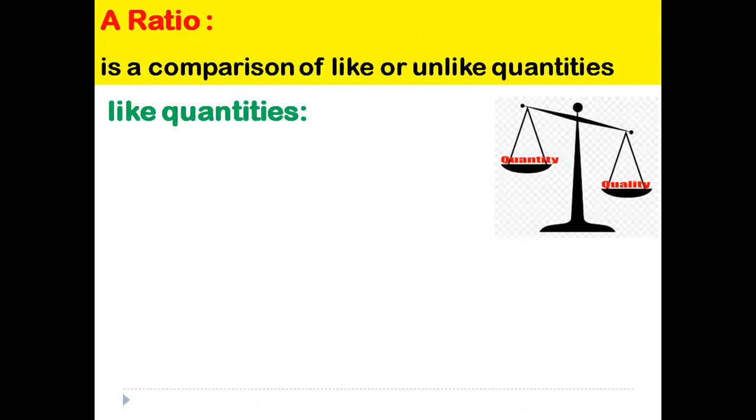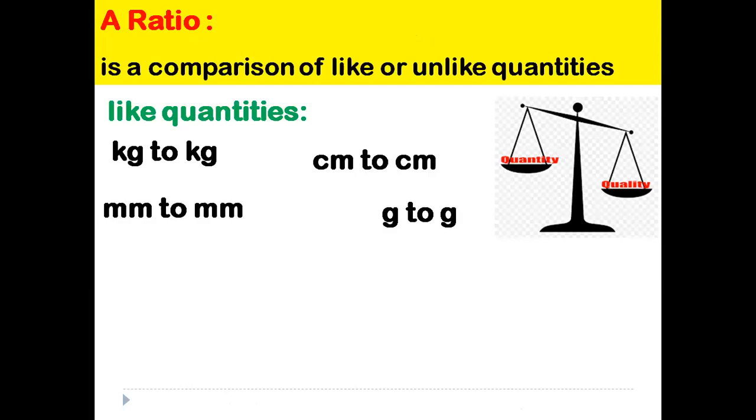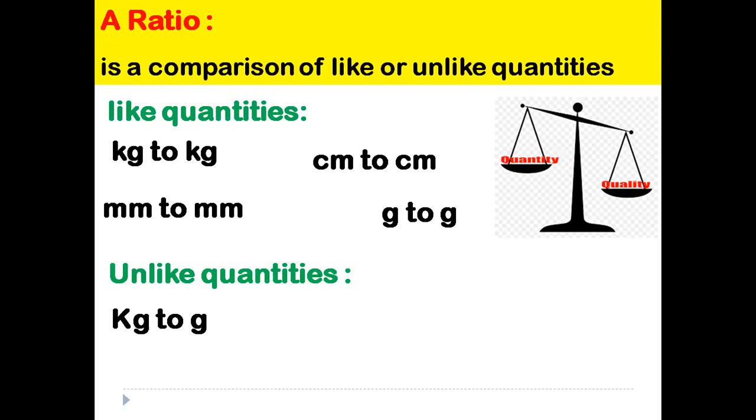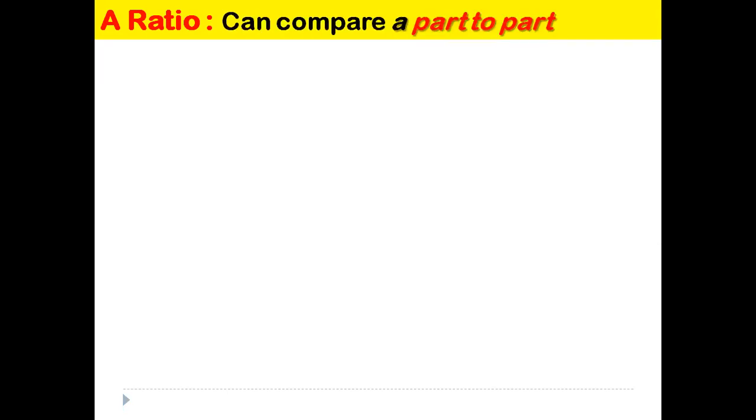Like quantities have the same units: kilograms to kilograms, centimeters to centimeters, millimeters to millimeters, grams to grams. But with unlike quantities, we might compare something in kilograms with something in grams, or a length in centimeters to a length in meters, or millimeters to centimeters.